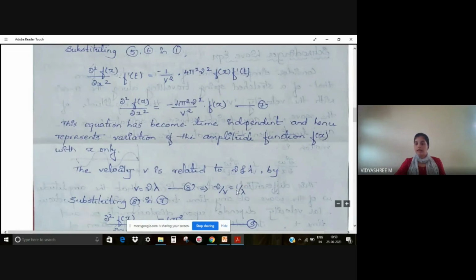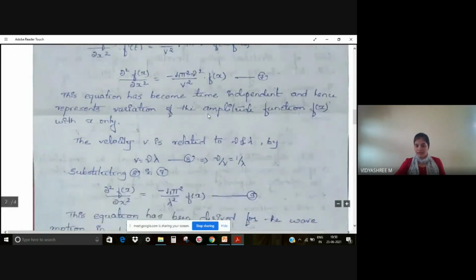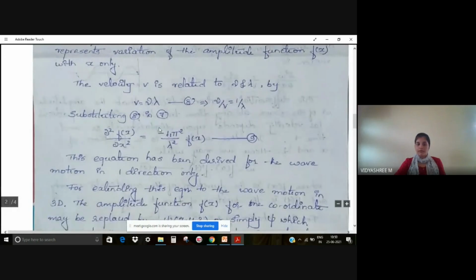We can substitute that in equation 7. Upon substitution, we will get delta square f of x divided by delta x square, which is equal to minus 4 pi square divided by lambda square into f of x. This equation 9 gives us the wave motion along the x direction only.